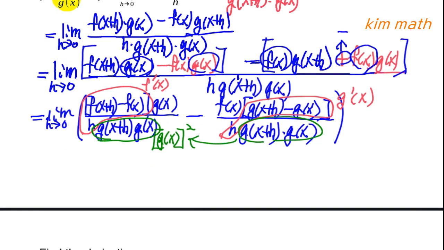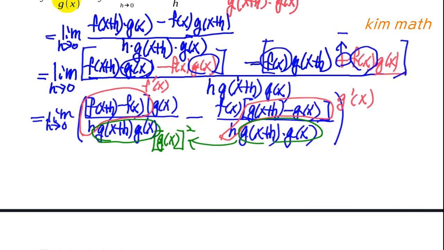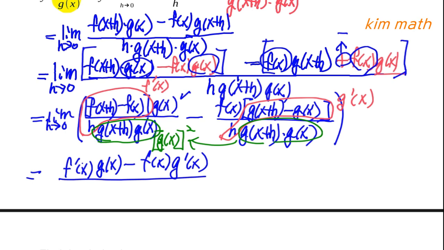So what is the final result? It will be f prime of x, still you have g of x here, minus f of x and g prime of x over g of x whole squared. Is that okay?